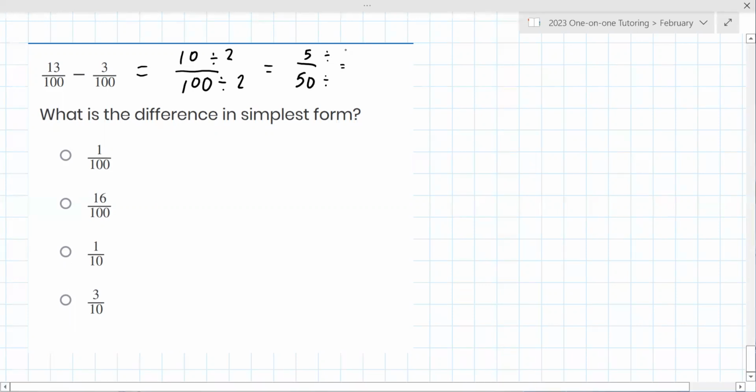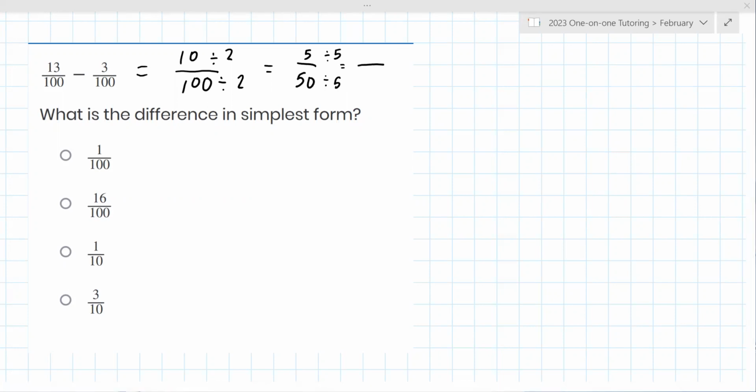1. Well, 1 goes into everything. So while that's true, it goes into everything. How about 5? Does 5 go into both? Yeah. Okay.